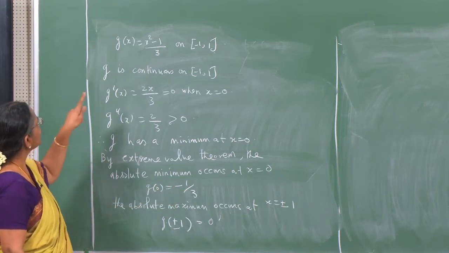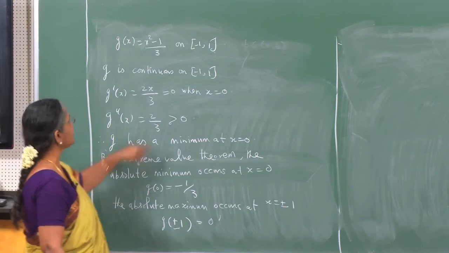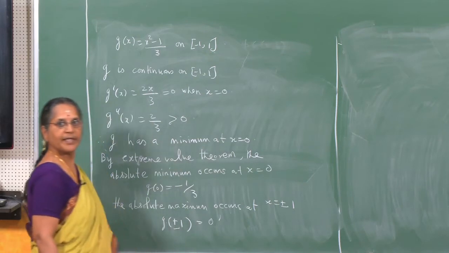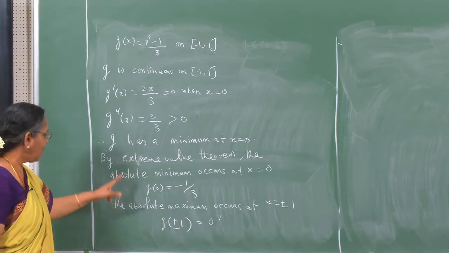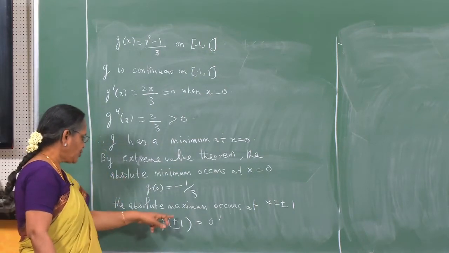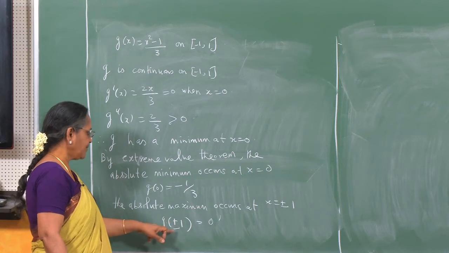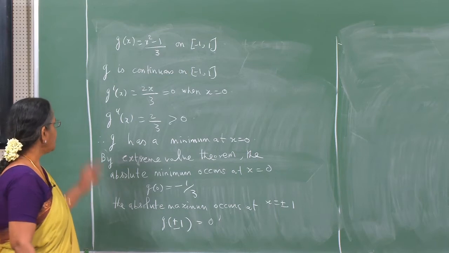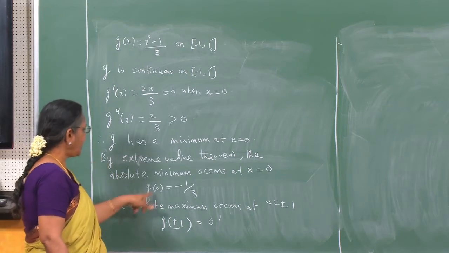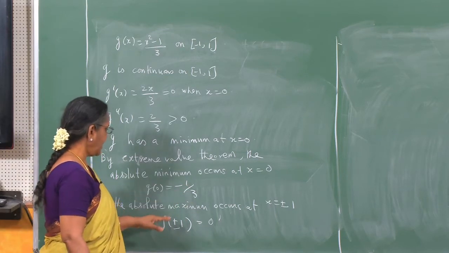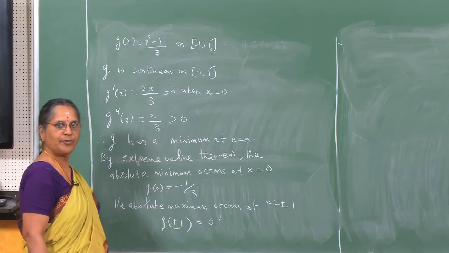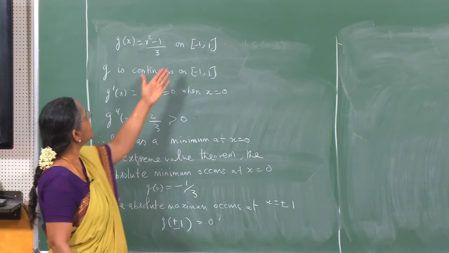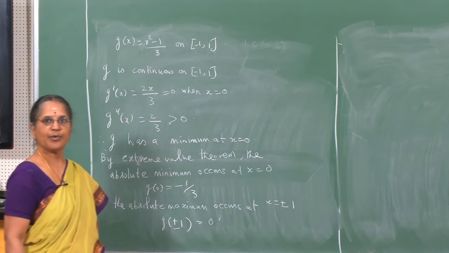Also, the absolute maximum occurs at x is equal to plus or minus 1, and the value at those points plus or minus 1 are given by 0. So, g has minimum value minus 1 by 3 and its maximum is 0. So, g takes values in the interval minus 1 to 1.